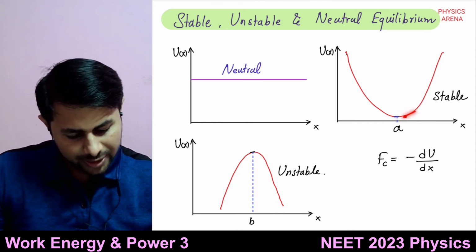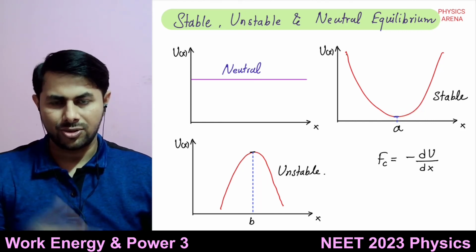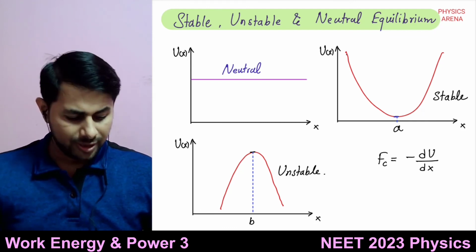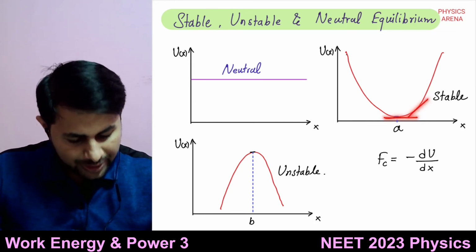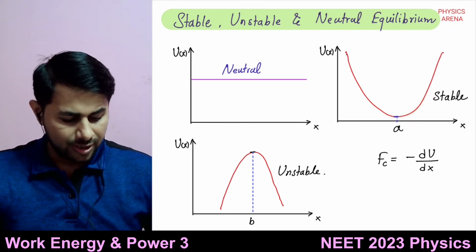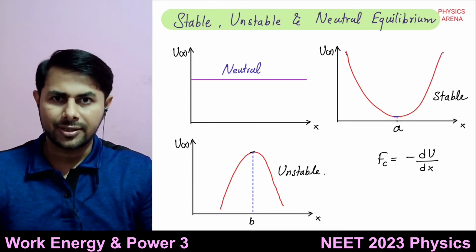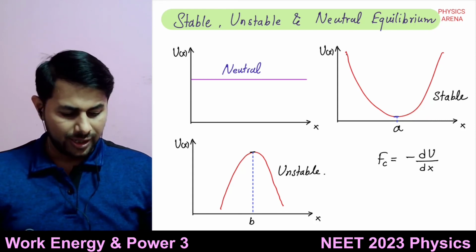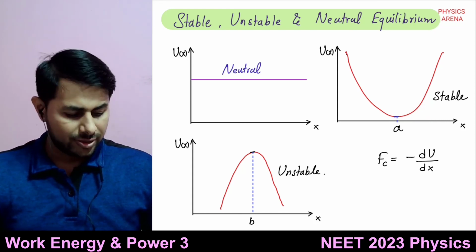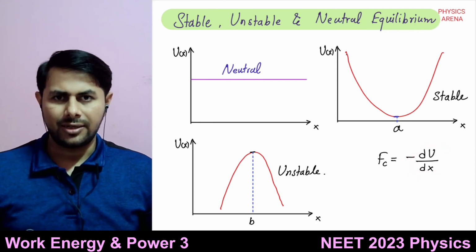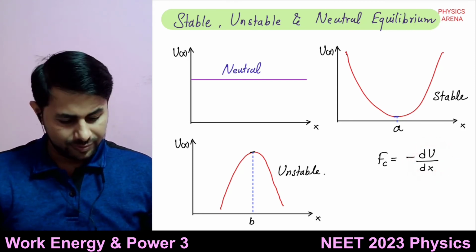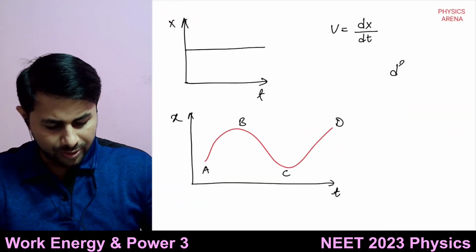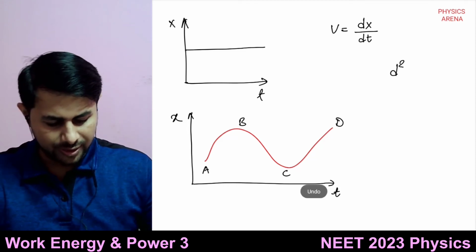After that the slope is increasing. So what is the change in slope? The change in slope is positive, because the slope is 0 here and after that point the slope is increasing. And how do we find the change in a slope? The slope is the first derivative, so the change in slope will be the second derivative. Our function is u.